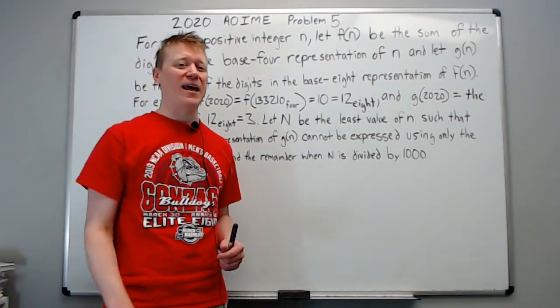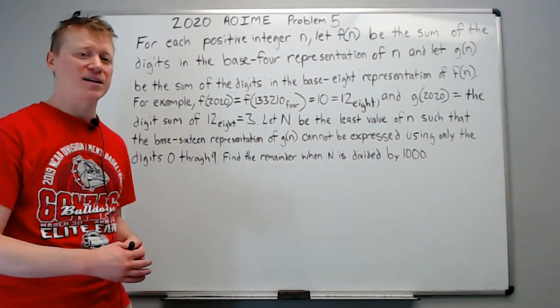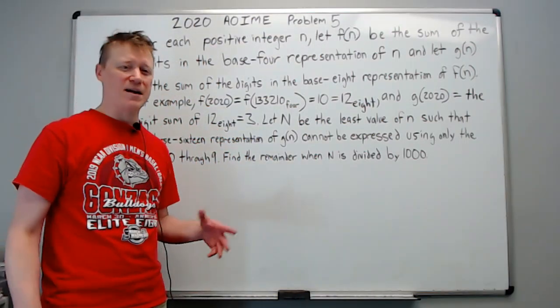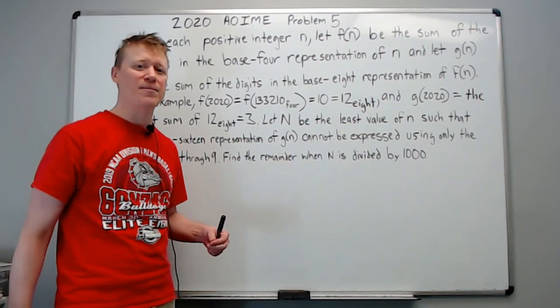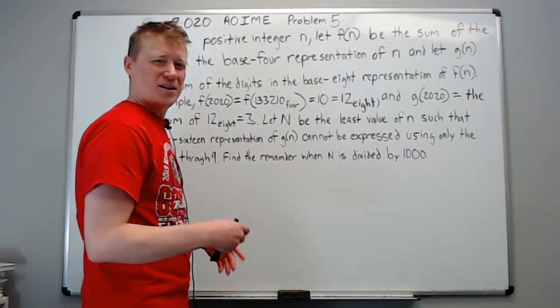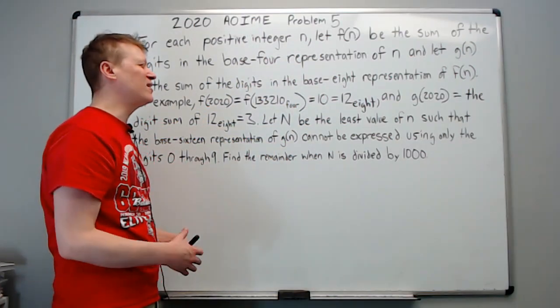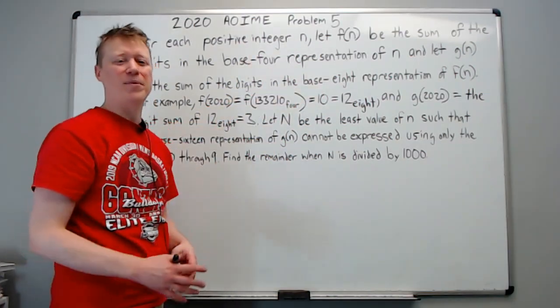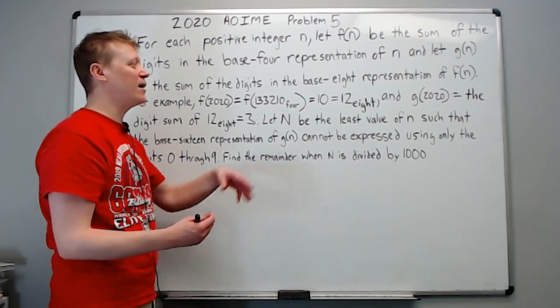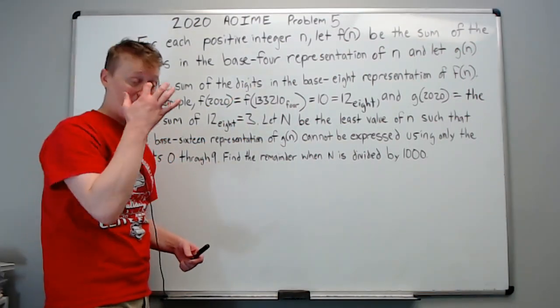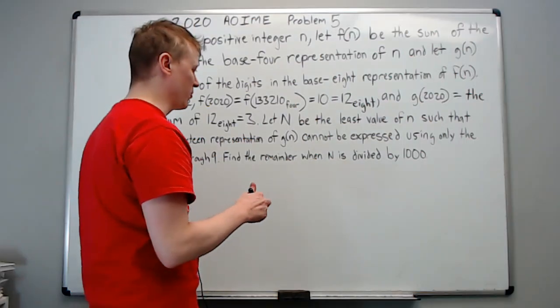I recommend the AoPS number theory book. Sometime in the future I'll link it, but I'm not allowed to link on videos until I'm partnered with YouTube. So the number theory book gets into all of this kind of content and should make you a little more comfortable with different bases if you feel discomfort when you see them as of now. It's a great book, extremely well written.